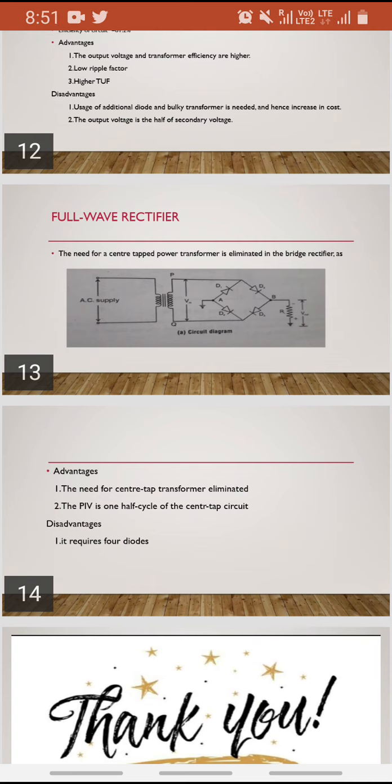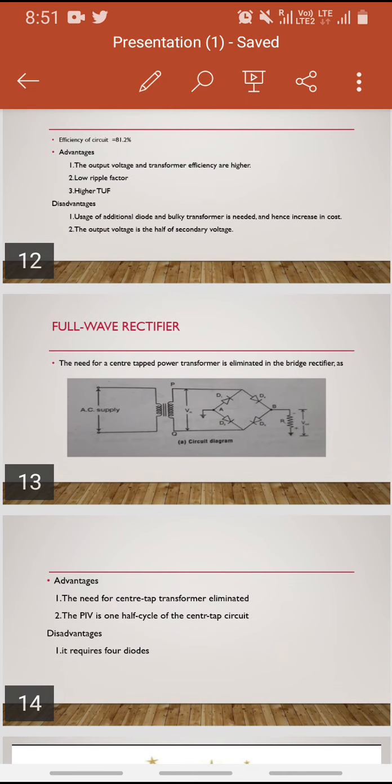These two diodes are in series through the load RL. The current flows from A to B through the load in the same direction, similar to the positive half cycle. Therefore, DC output is obtained across the load RL. That's all about the full wave bridge rectifier.